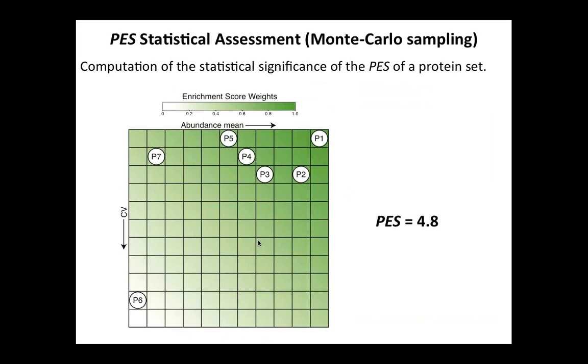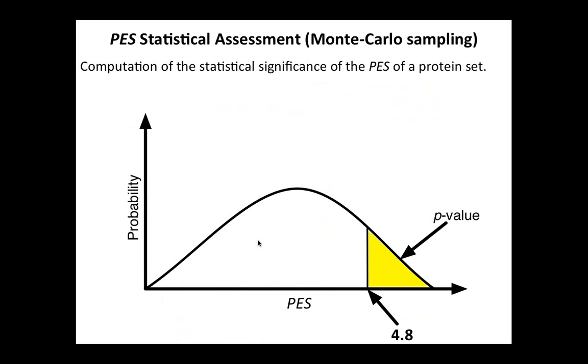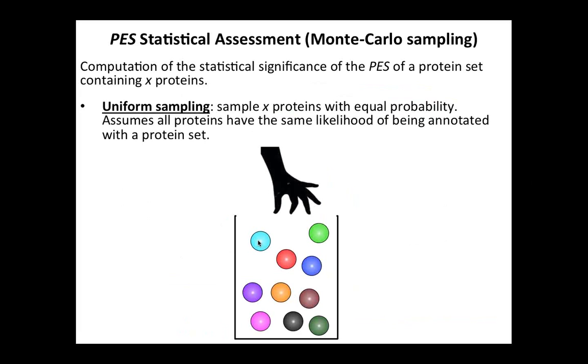We sample at random in our data set another set of 7 proteins, compute the protein enrichment score, and repeat that procedure until we obtain an estimate of the distribution of the protein enrichment score for 7 proteins in our data set. Based on that, we can calculate a p-value, and therefore obtain the statistical assessment that we require in order to discriminate protein sets.